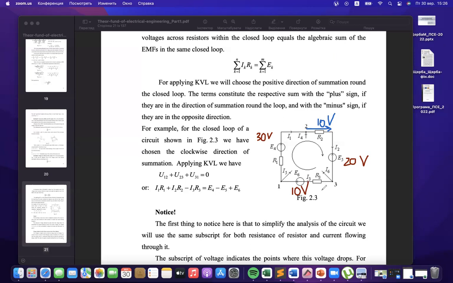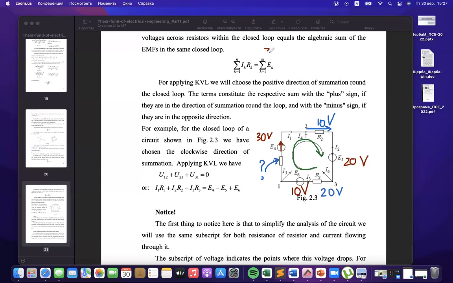Also, for example, let it be 20 volts, and let's find the voltage on resistor number 1. What voltage do we have here? How could it be found? We are moving through the circle and adding all voltages depending on the direction. The first voltage is in the same direction as the green arrow.